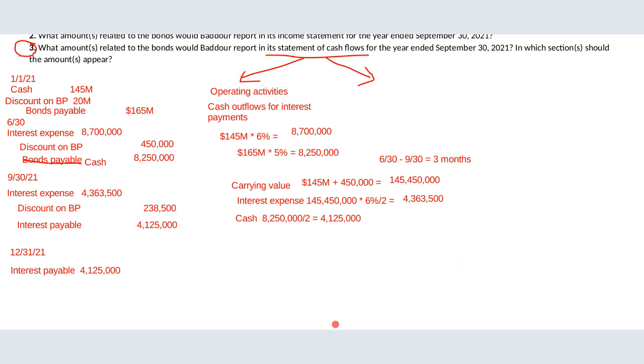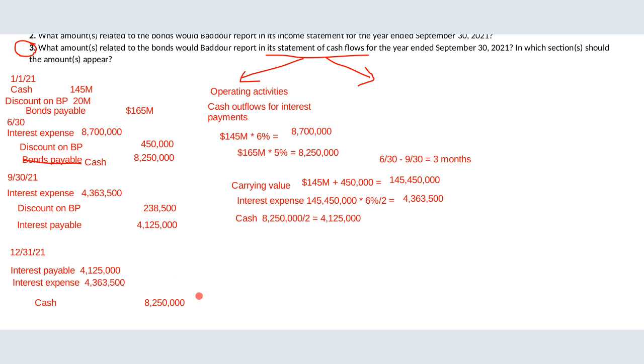We will have cash of 8,250,000. And now we kind of have to fill in the blanks. We're going to have interest expense for the other half, 4,363,500.